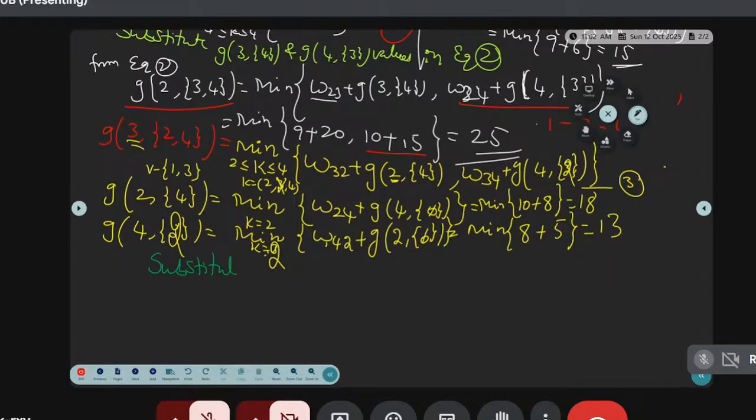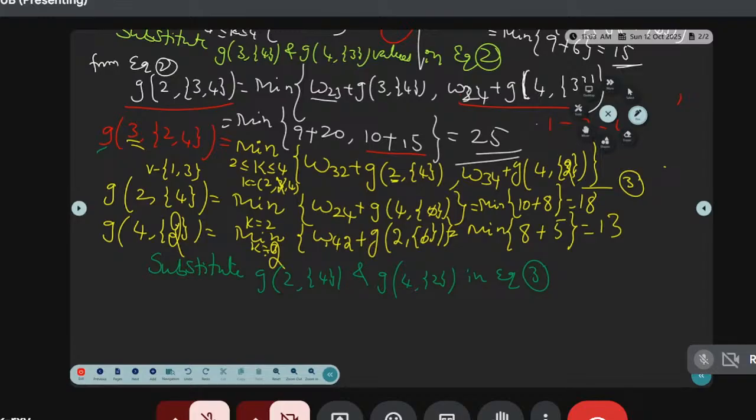Substitute g of 2 4 and g of 4 2 in equation 3. What is equation 3?